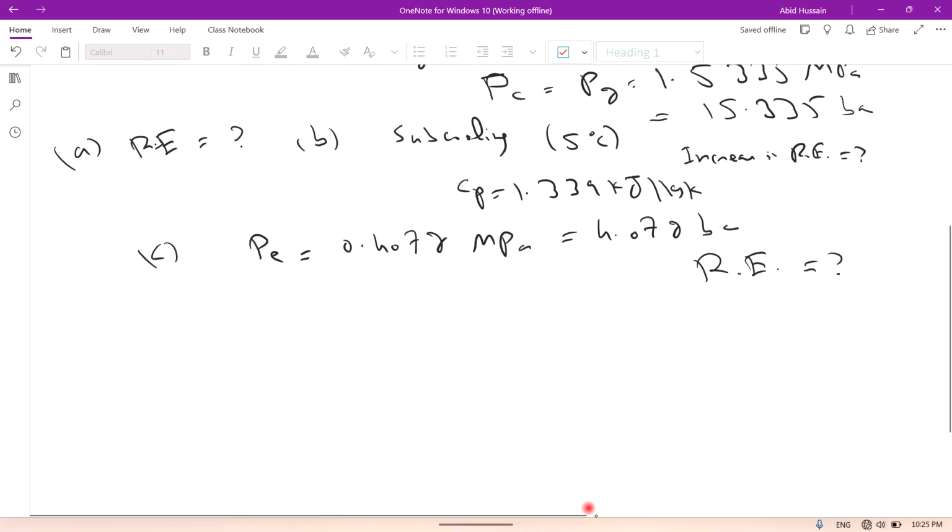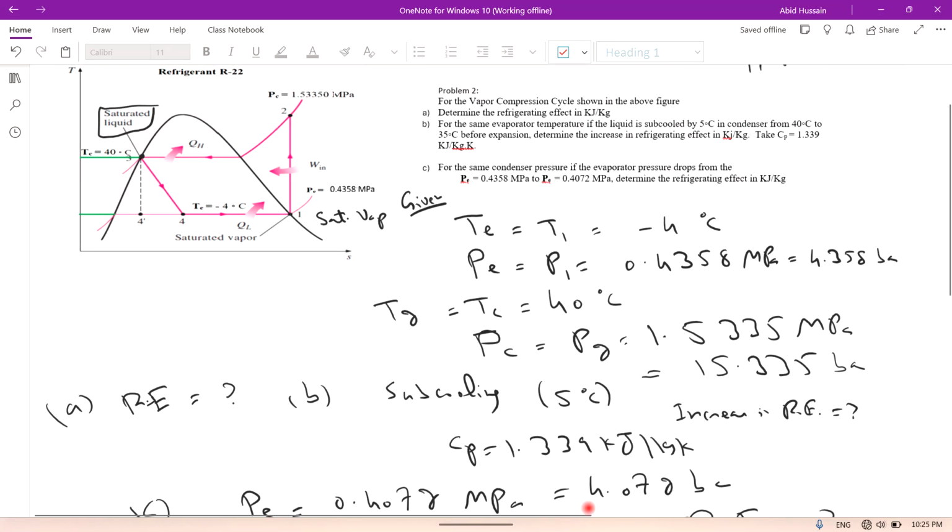So first we find part A. For refrigeration effect we have to find H1 and H3. The properties at 1 are saturated, so H1 is equal to Hg. At H3 the properties are saturated liquid, so H3 will be equal to Hf.